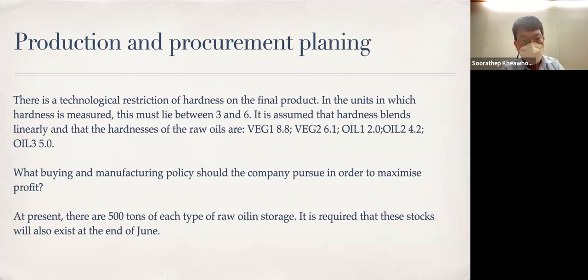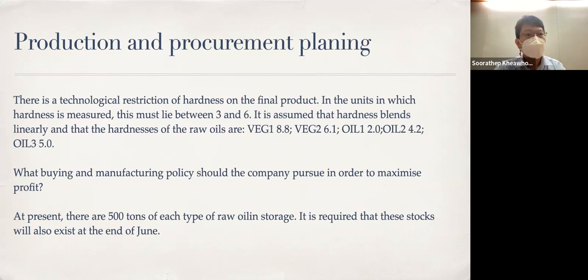So what buying and manufacturing policy should the company pursue in order to maximize profit? This is the question. And more information. At present, there are 500 tons of each type of raw oil in storage. It is required that these stocks will also exist at the end of June.